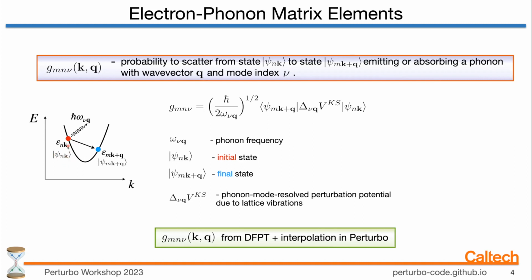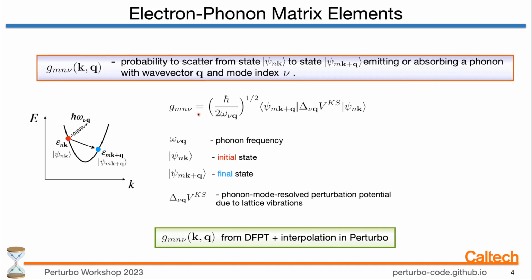Then we can consider a scattering from one state to another, to a state with an energy ε_mk+q, with a different band index in the general case and a different wave function. In order to conserve the energy and momentum, we should emit a phonon with the phonon frequency ω_νq. So the probability of such scattering will be proportional to the modulus square of these electron-phonon matrix elements g.